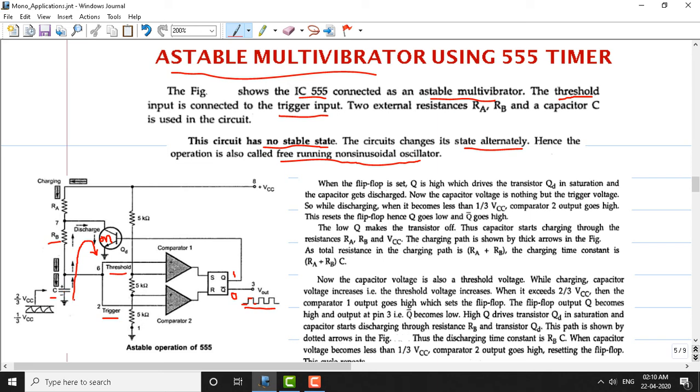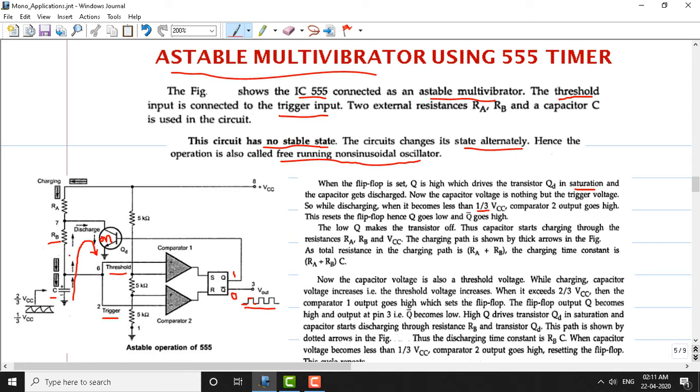So once the capacitor discharges, the voltage at this point reduces, the voltage at the threshold or the trigger reduces, and we'll see the consequence of this, what happens in the output. So QD in saturation, and the capacitor gets discharged. So we have seen that. Now the capacitor voltage is nothing but the trigger voltage. So while discharging, when it becomes less than 1 by 3 VCC.